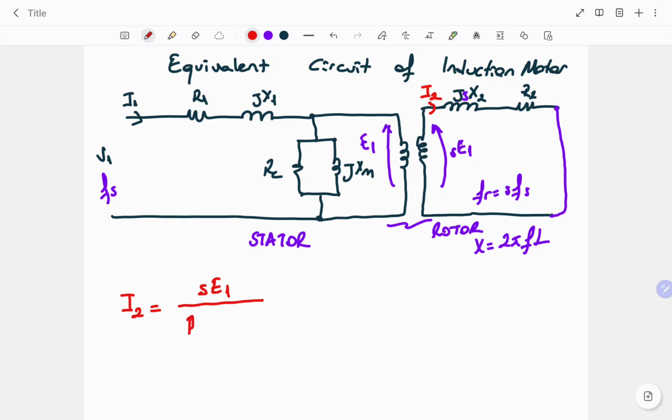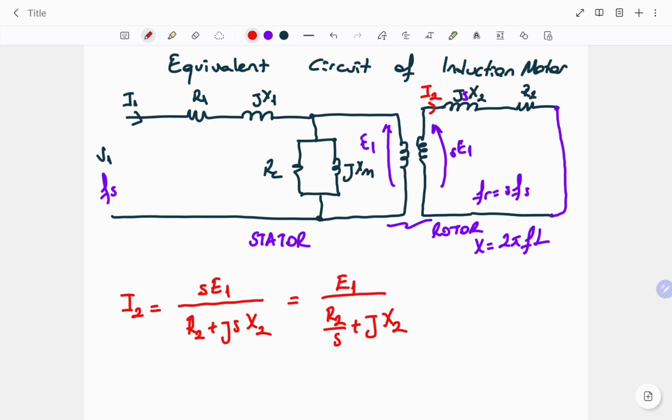What is the total impedance? R2 and J as X2. So let's simplify this expression by dividing the numerator and the denominator by S. So E1 over R2 over S plus J X2 will be the equation.